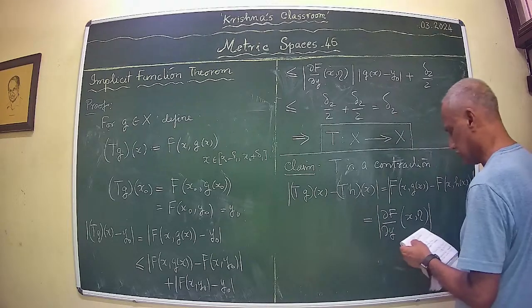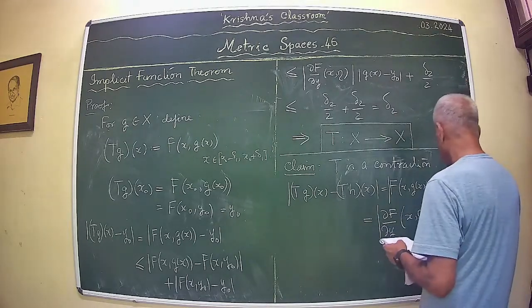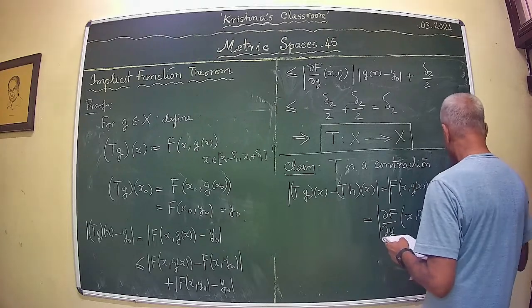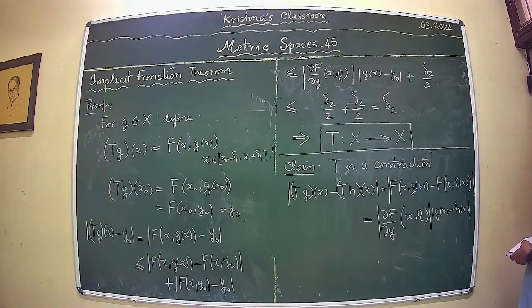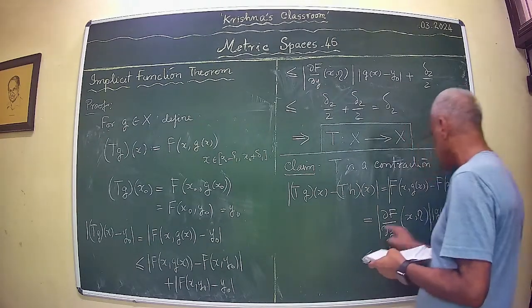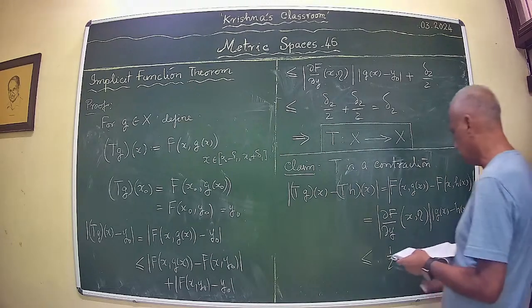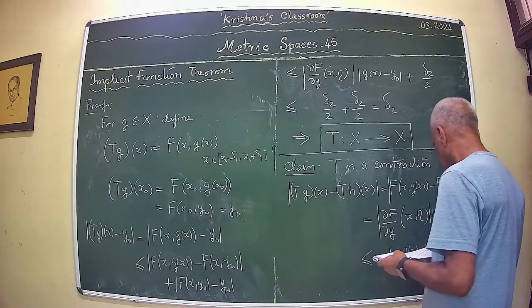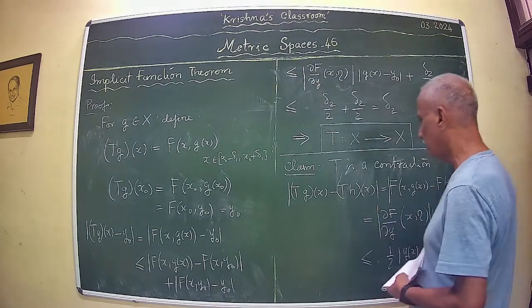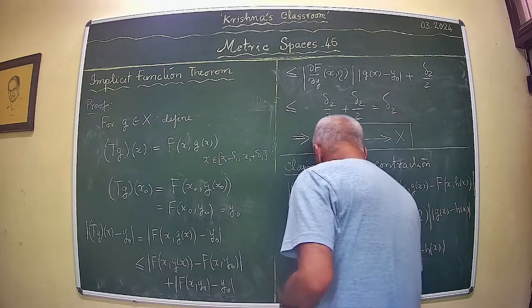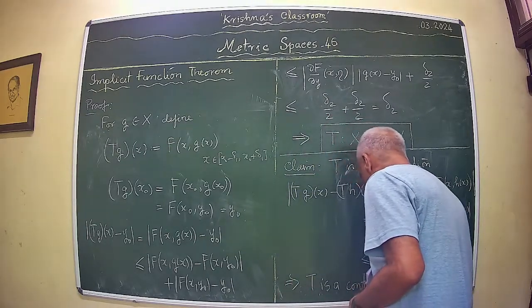We are applying this mean value theorem. Minus x, and this of course is less than or equal to 1 by 2. This is less than 1 by 2 into, which implies T is a contraction.